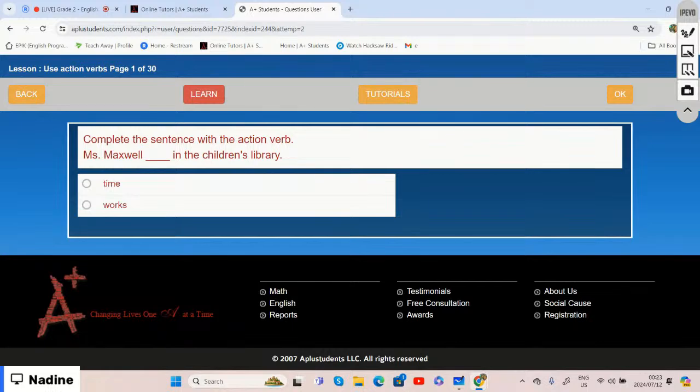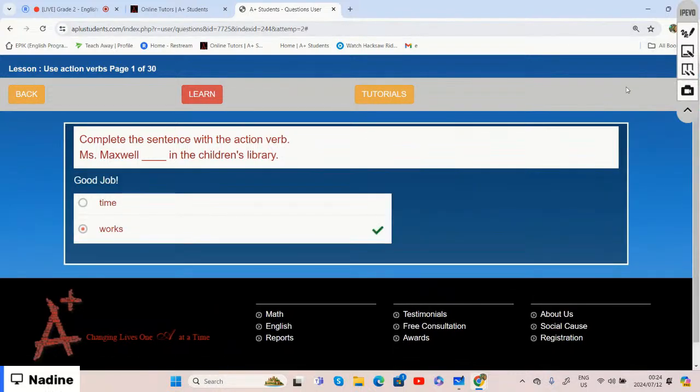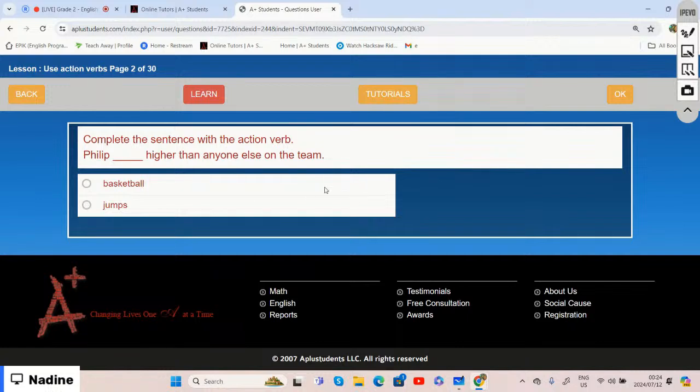All right, yes. And if we were to choose the correct one, we can say Miss Maxwell works in the children's library. So, works is our correct action verb.